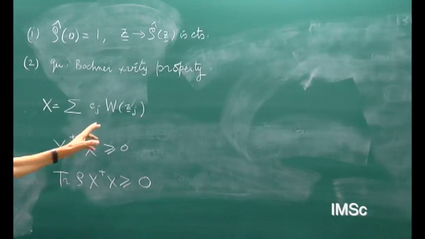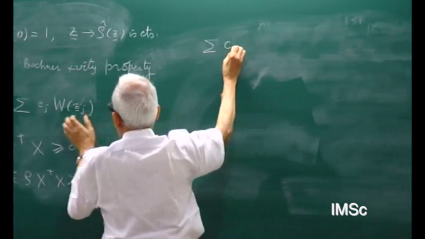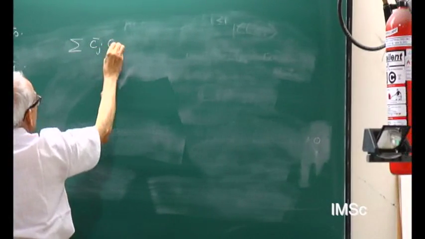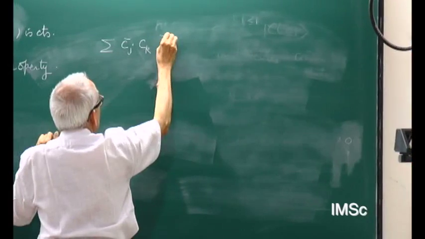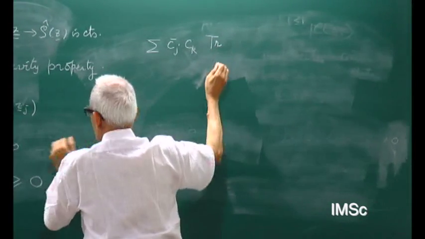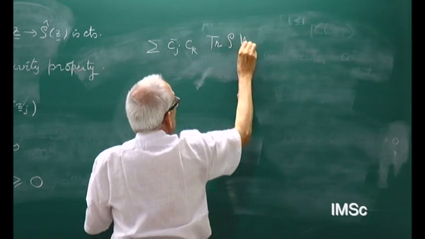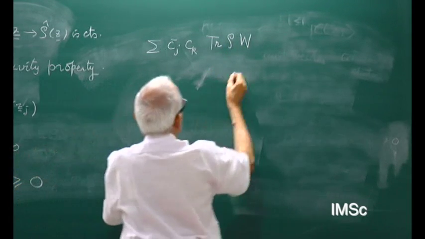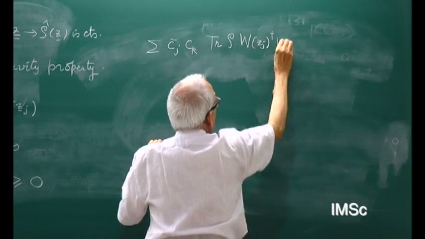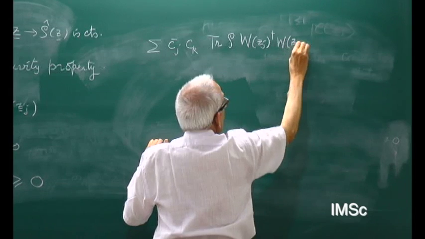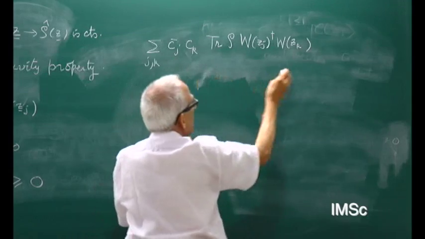Rho is a state. So, trace of rho X dagger X is greater than or equal to 0, which means sigma Cj bar Ck trace of rho W(Zj) dagger, Zj adjoint, W(Zk), summed over j, k, is greater than or equal to 0.